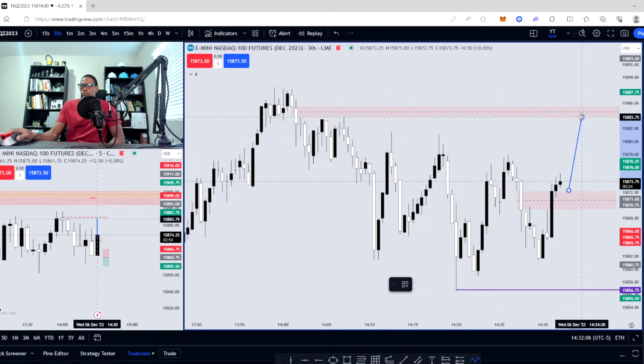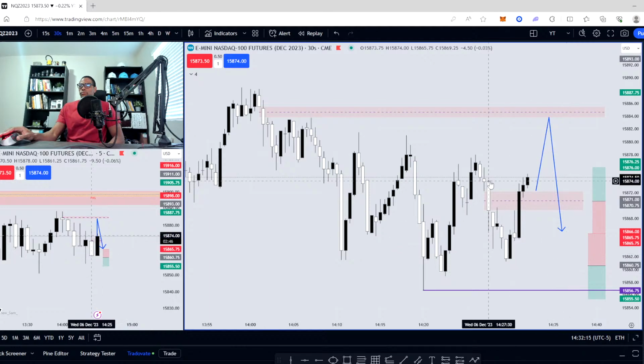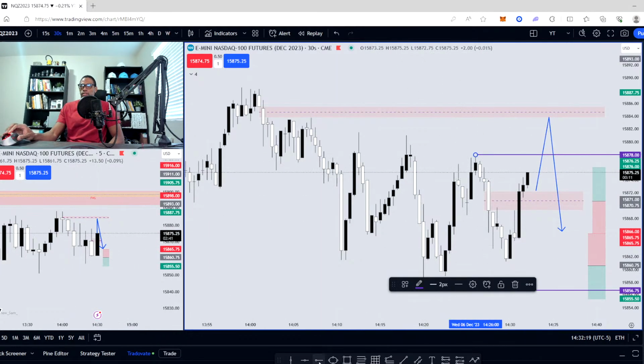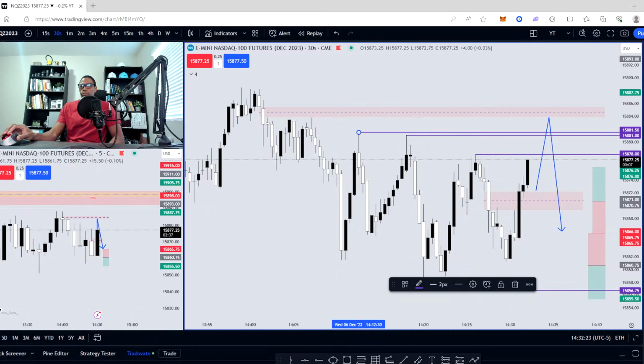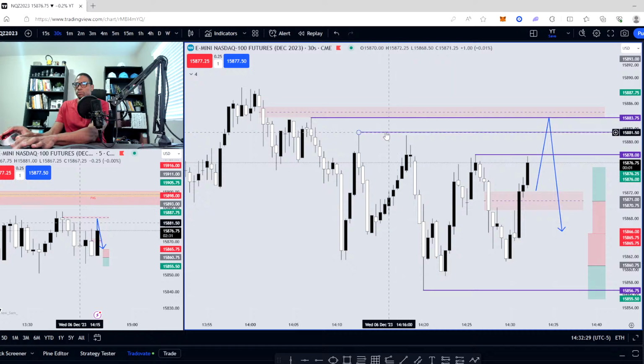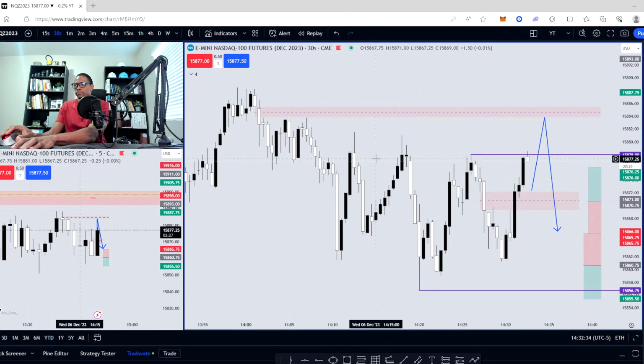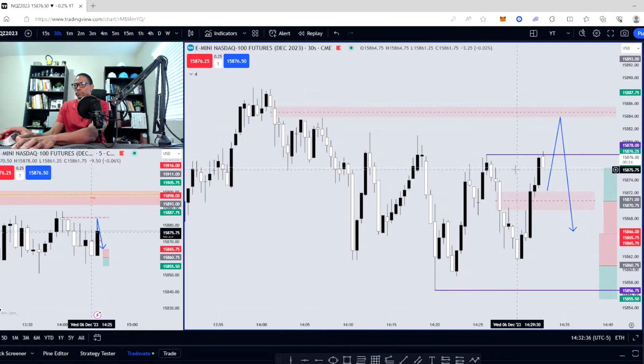Yeah, maybe something like this. That happens, you'll end up with a sweep of this high, sweep of this high, and a sweep of this one. Probably ending with this one. So there'll be a lot of liquidity for the markets to go and grab prior to seeking lower prices.